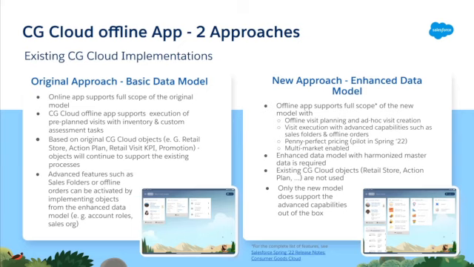But all of the existing standard CG Cloud objects, for example, retail store, the assessment tasks, and so on, are not used in the new approach. And only the new model in the new approach will support you with the advanced capabilities out of the box.